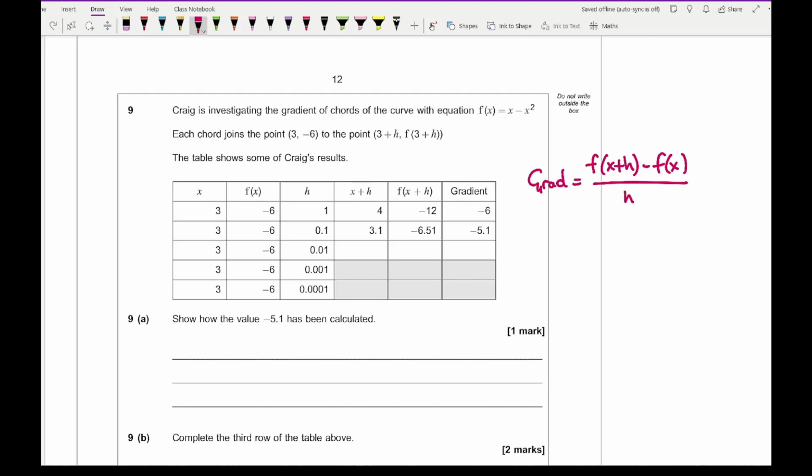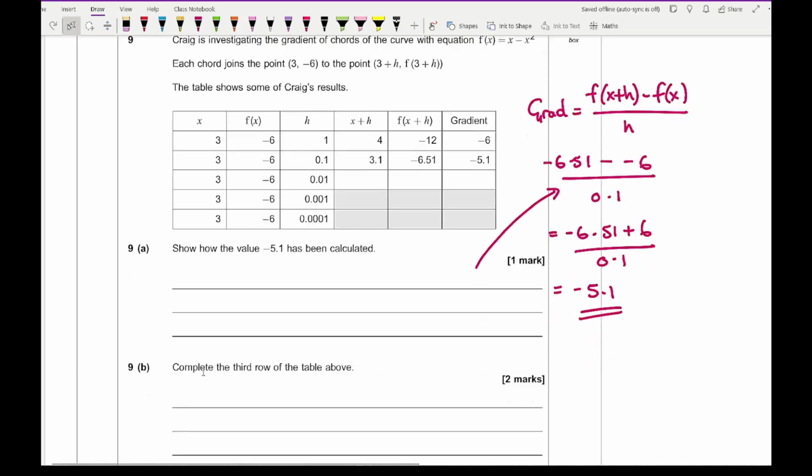So to work out -5.1, what they've done for part A is they've taken f of x plus h, which is -6.51, and then they subtract the f of x value, which is -6, and they have that over h, which is 0.1. So then type this all into my calculator, so -6.51, and it'll end up being plus 6, all divided by 0.1, gives us an answer of -5.1.